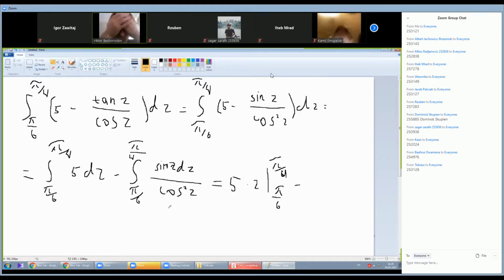Imagine if it was an indefinite integral, how would you compute it if it had no limits? So we have here cosine, right? And here we have sine of z.